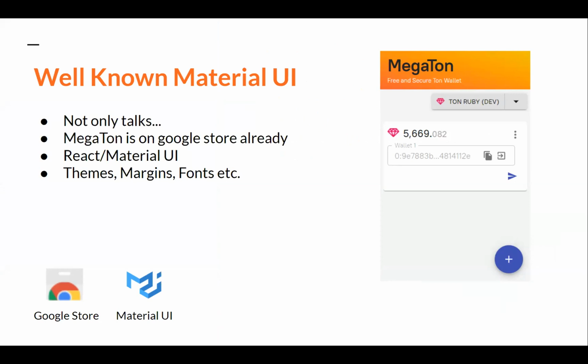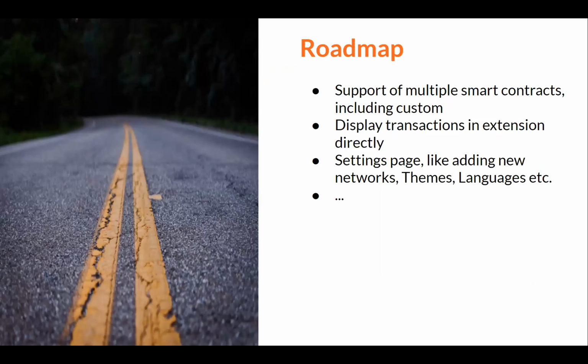It is using the React Material UI API, and I have tried to use all the best practices from Material UI, meaning that it is possible to create new themes and so forth. And about the roadmap, there are lots of ideas.